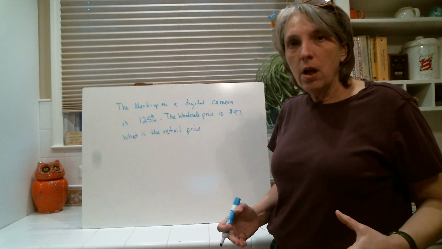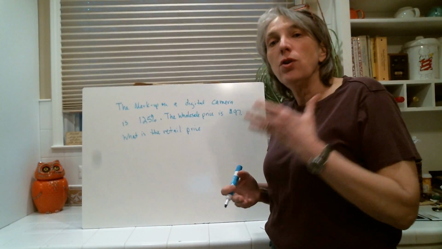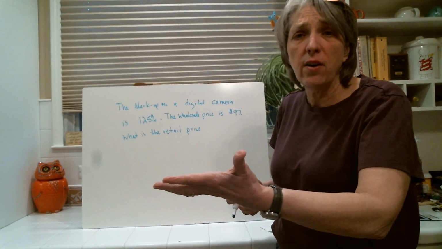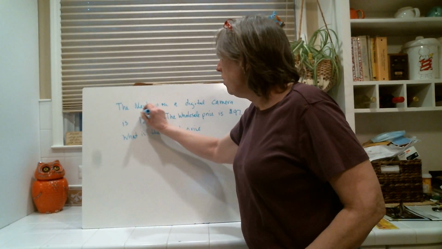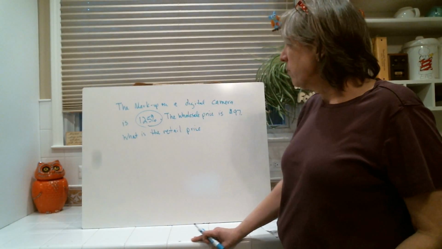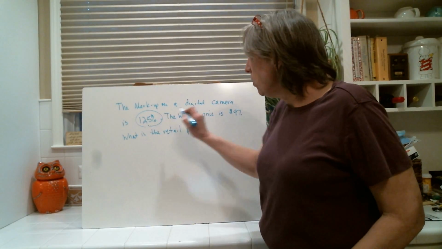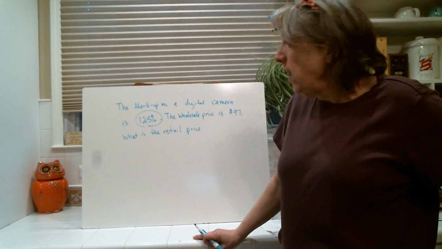Markup means that it is going to be multiplied and added to your wholesale price, because you're going to sell it for higher than what you paid for. So the markup is 125%. So the wholesale price is $97. So I need 125% of 97. And I can do that all those different ways.